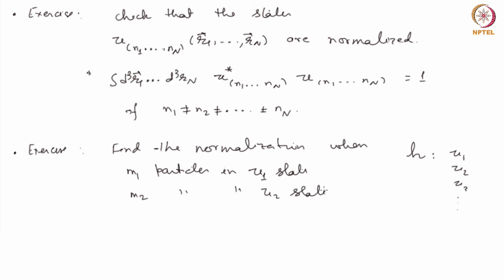Such that m1 plus m2 and so on all add up to capital N, because the total number of particles is fixed to be capital N. So in that case you find the normalization of the states.